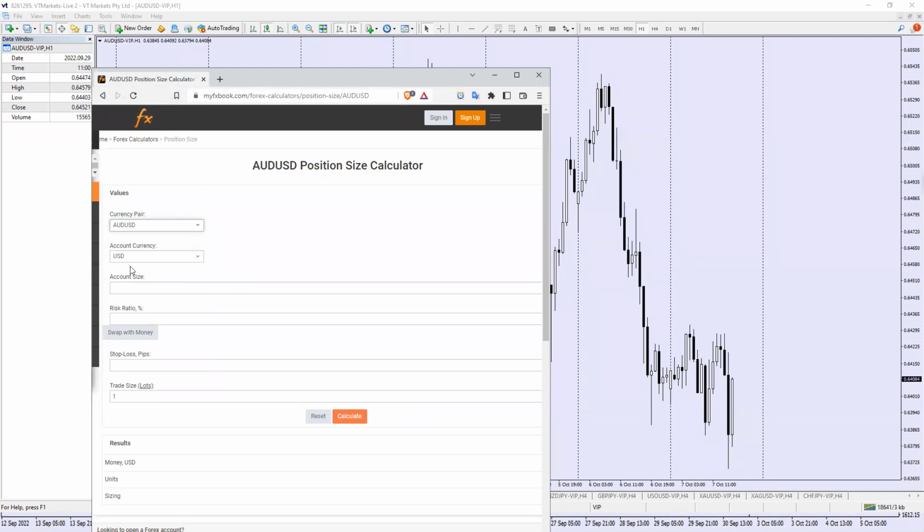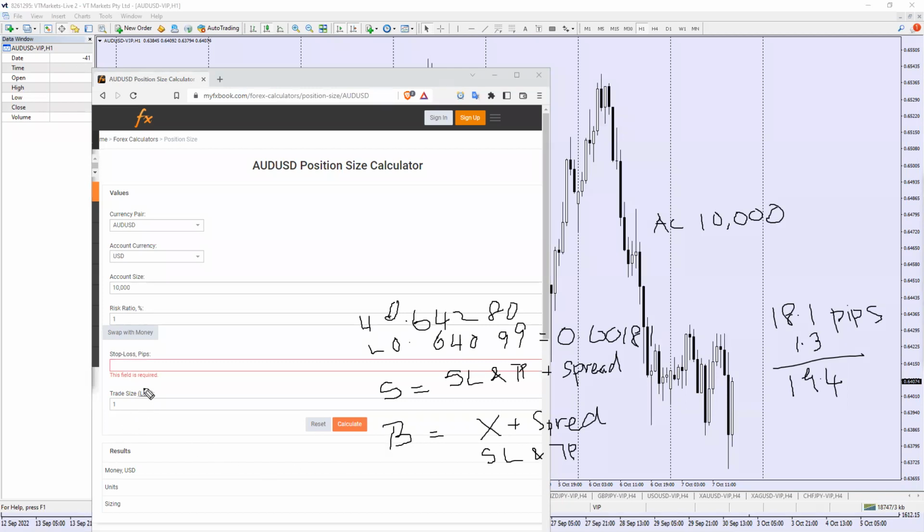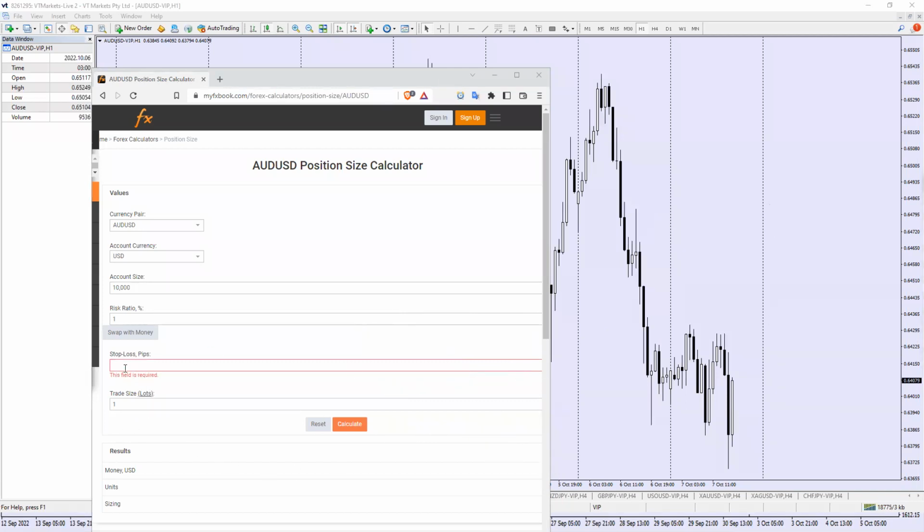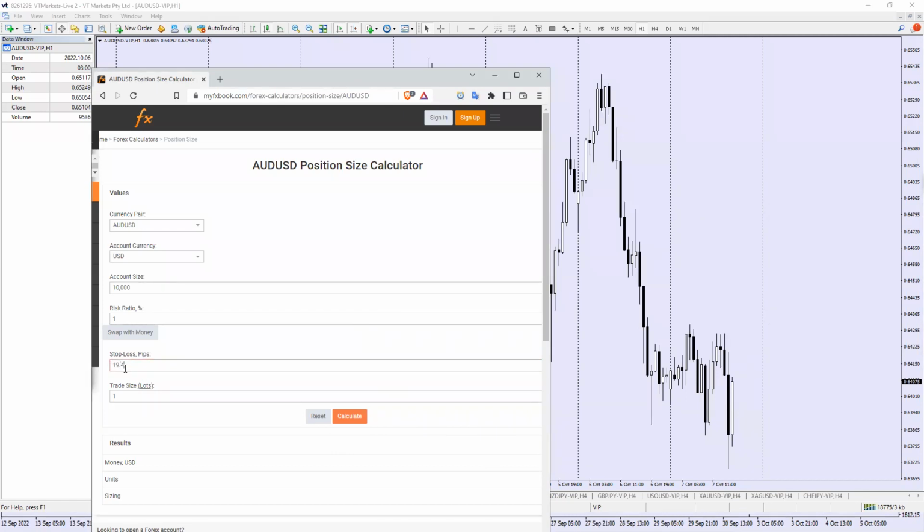Your account currency is US dollar, and your account size is 10,000, right? Let's say I want to take 1% risk only on this trade. My stop loss over here, what was my stop loss value? Remember? 19.4, right? So I'm putting 19.4 over here.